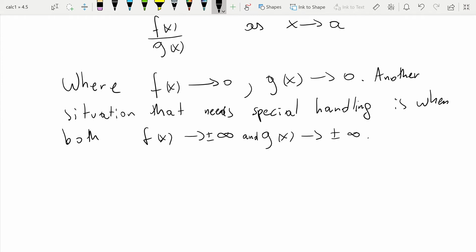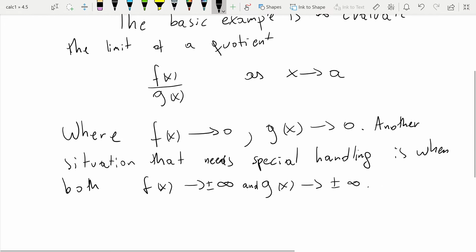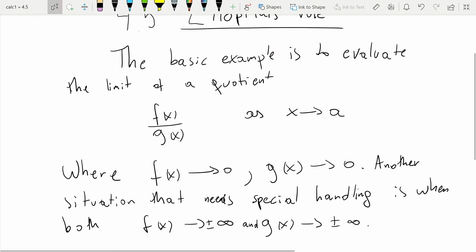It doesn't matter. I mean, f could go to plus infinity, g could go to minus infinity, but any combination of infinity divided by infinity or plus infinity divided by minus infinity, it is not clear whether this is going to 1, going to 0. Depending on which one is going faster to infinity, it may be 0, maybe infinity, minus infinity, plus infinity. So this is the basic example.